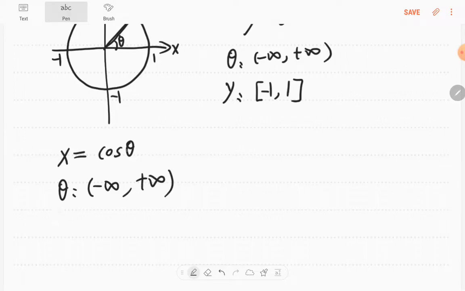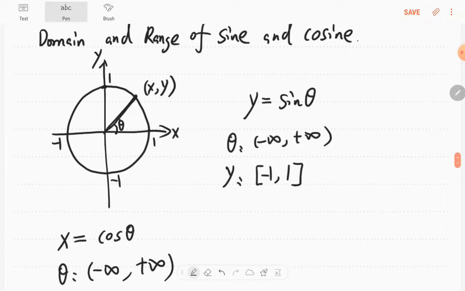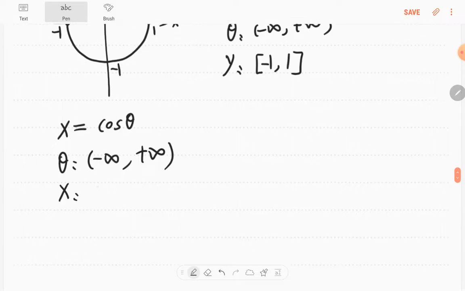And the values of cosine theta, which is x, are from 1 to -1 also, right? So x is from 1 to -1 to 1. So the sine function and cosine function domain is from -infinity to infinity, and the range for the sine function and cosine function is always from -1 to 1.